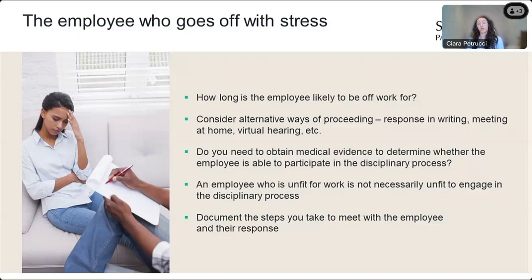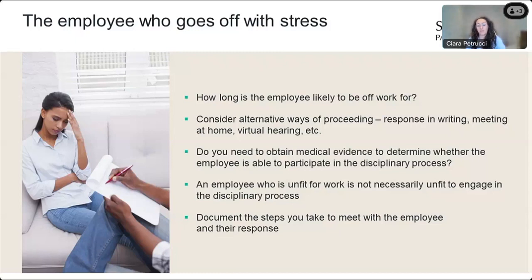So just going to go through a few things that are helpful to consider when something like this happens. That's not to say that you have to do all of these things every single time, but it is helpful to at least consider them every single time. So the first thing to think about is whether to postpone the hearing.